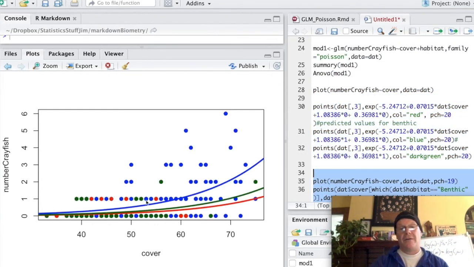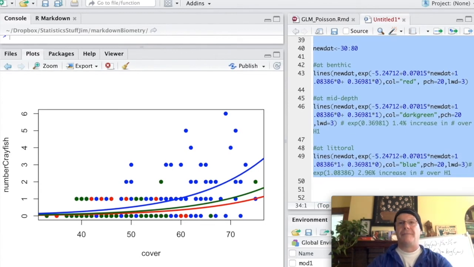And so now we can see the relationship between cover and the amount of, you can even put a fancy little, look at that. And so we can look at these lines then and understand how cover influences the number of crayfish as well as how habitat influences the number of crayfish. So if you're in a benthic area, the amount of cover doesn't matter as much compared to if you're in a littoral area.